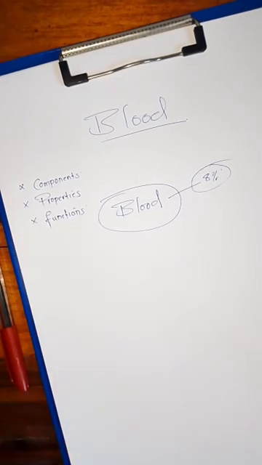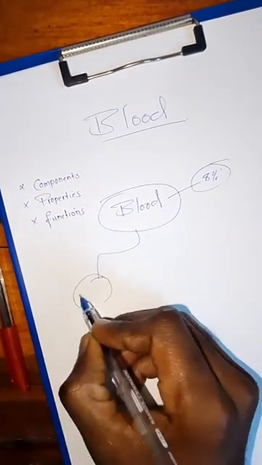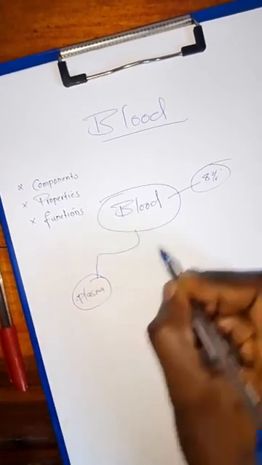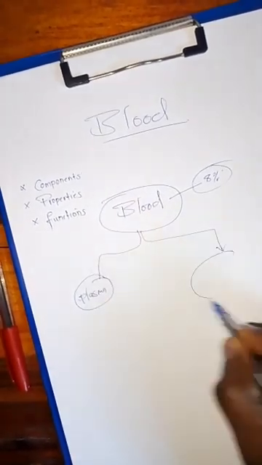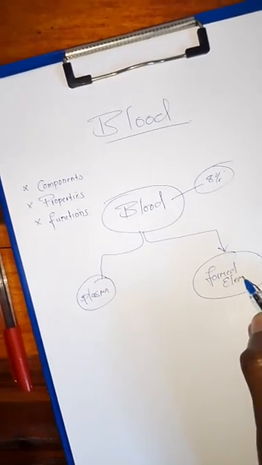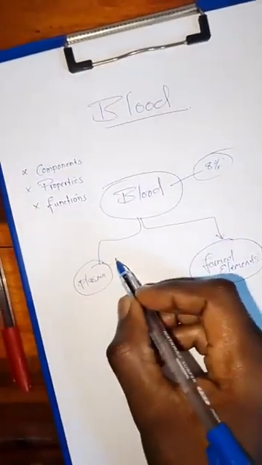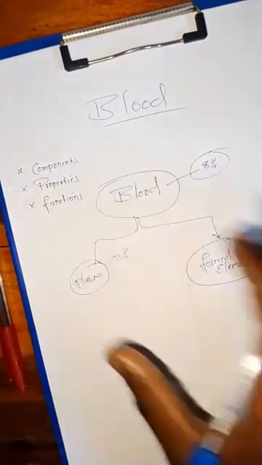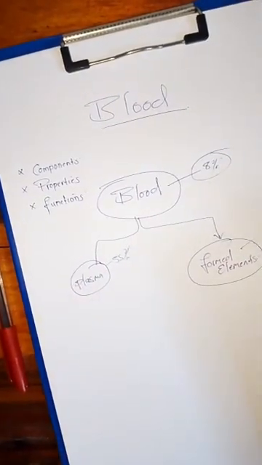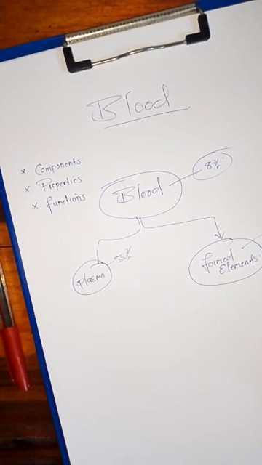And this blood is going to be composed of plasma. It is also going to have what we call formed elements. Plasma will constitute about 55% of the total blood volume, and formed elements will constitute about 45% of the total blood volume.